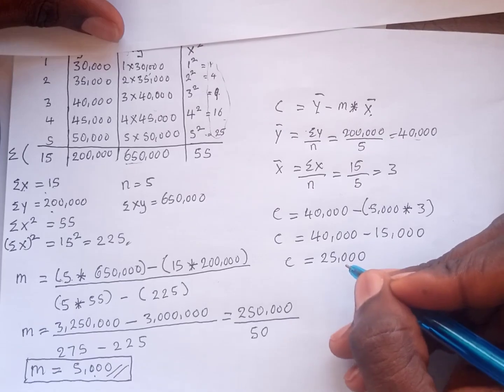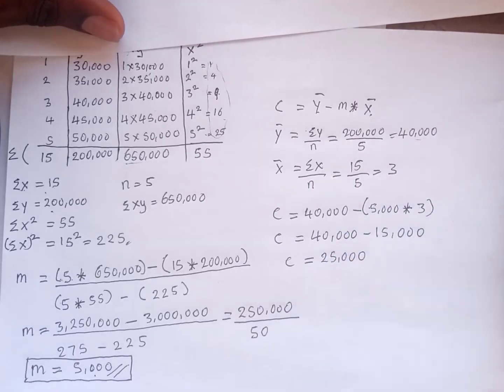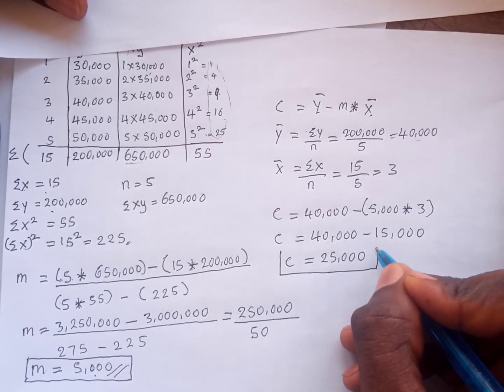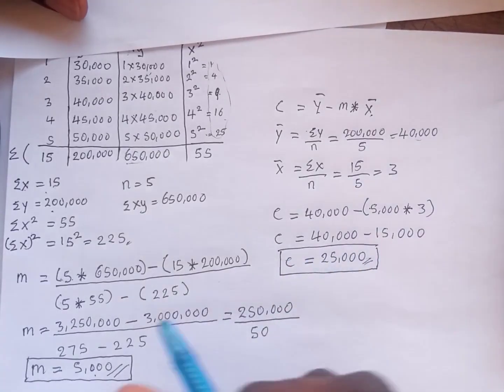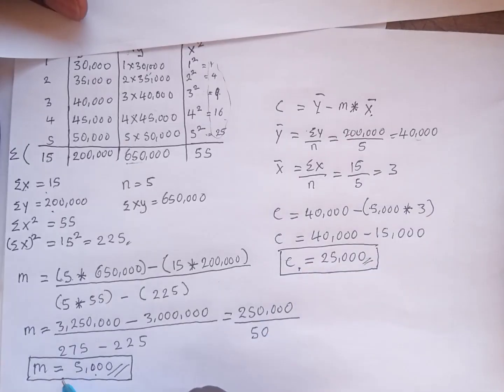So our c is 25,000. Simple as this. We have gotten our c, we have gotten our m.